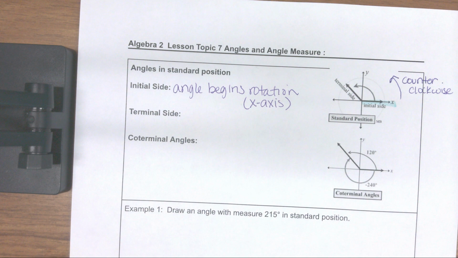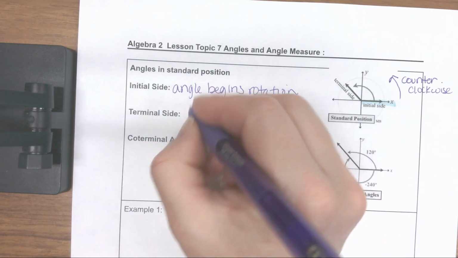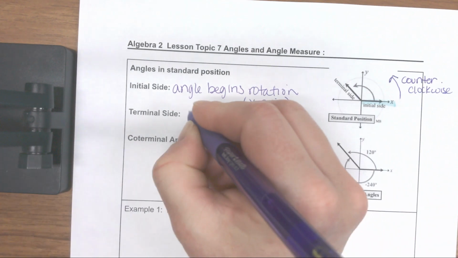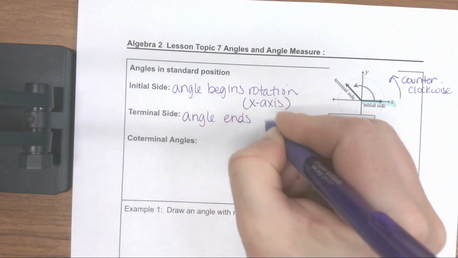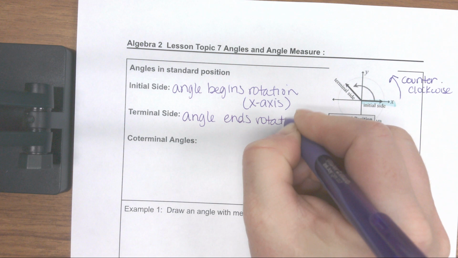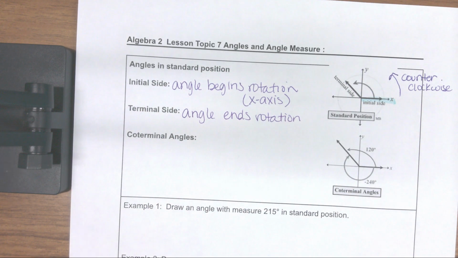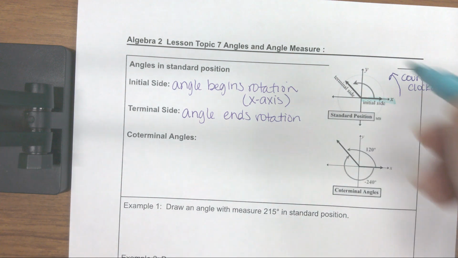The terminal side is the ray, or where the angle ends the rotation, somewhere in the circular manner, either between 0 and 360, or we'll talk about how you can go past 360. So this is my initial side and then my terminal side.